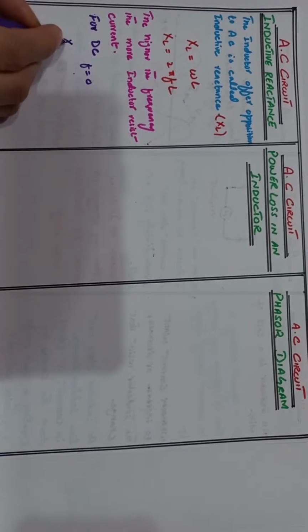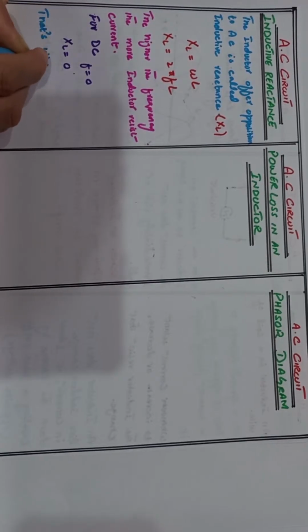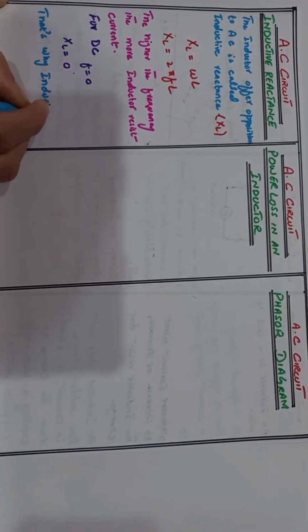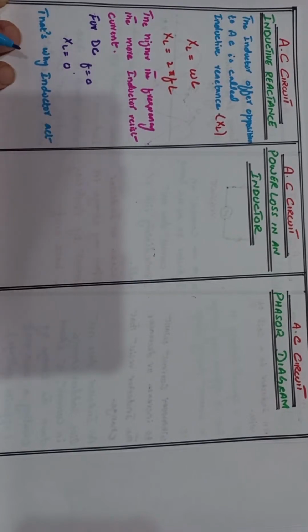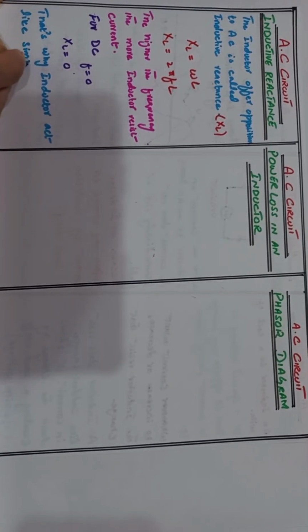When the frequency is zero, inductive reactance also becomes zero. That's why an inductor acts like a simple wire for DC.